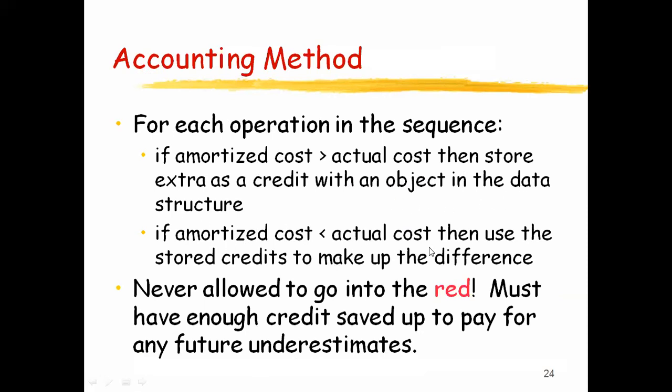If the amortized cost is less than the actual cost, then use the stored credits to make up the difference. Just like up and down tickets at a toll gate.